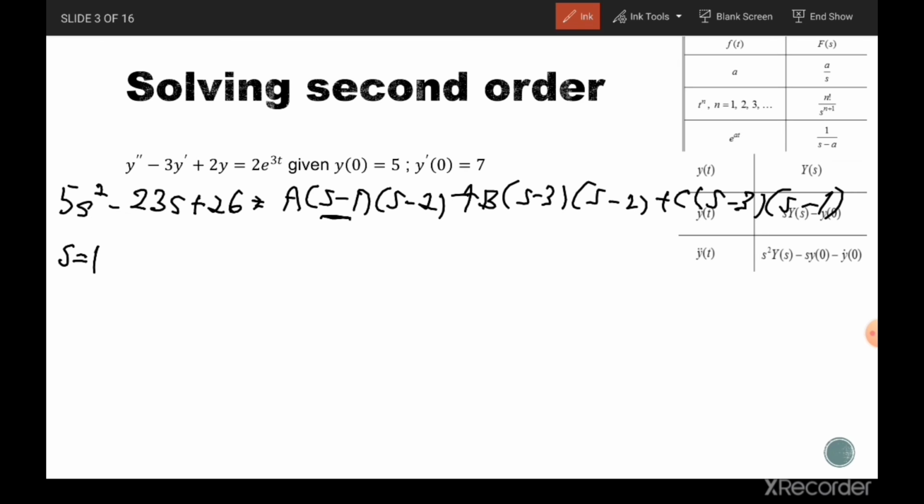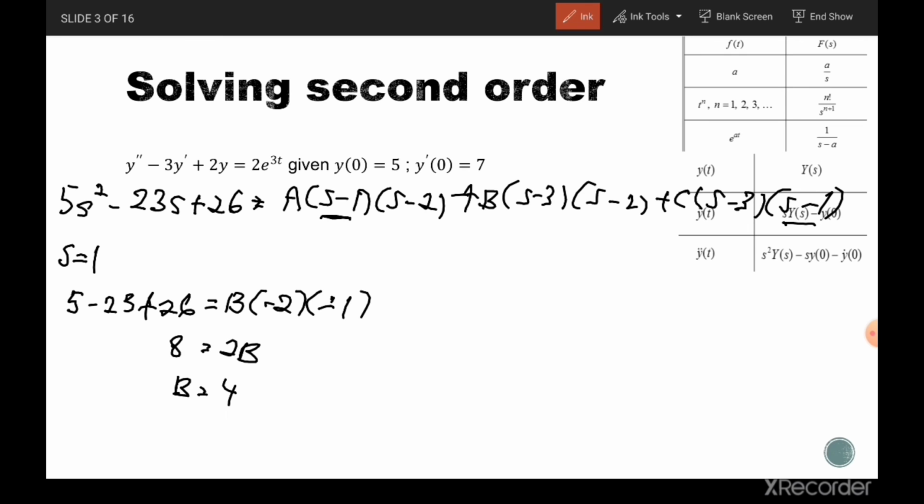First I use the value s equal to 1. So I include it in the equation with s equal to 1. We don't have a value for A because A will be 0. So we only have a value for B only, sorry. C also will become 0.